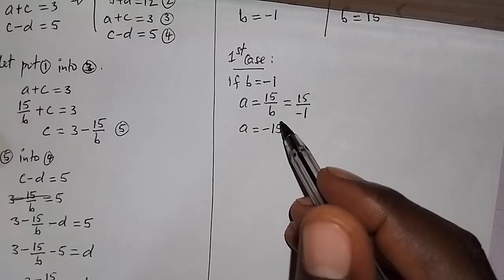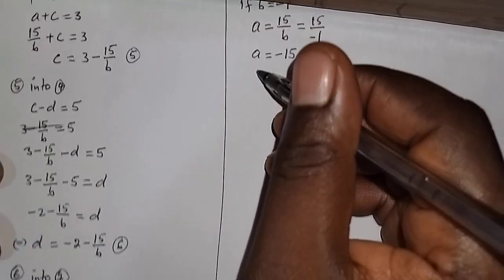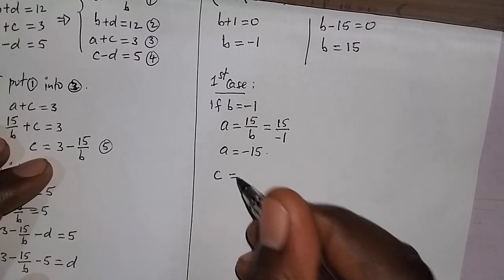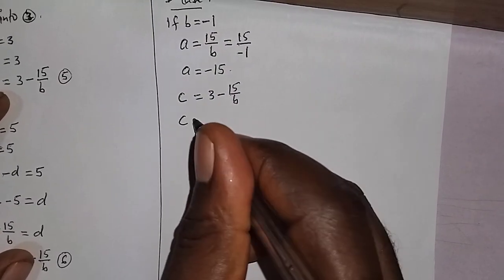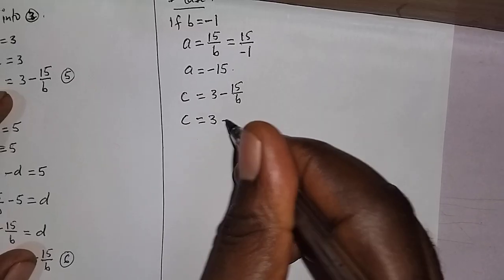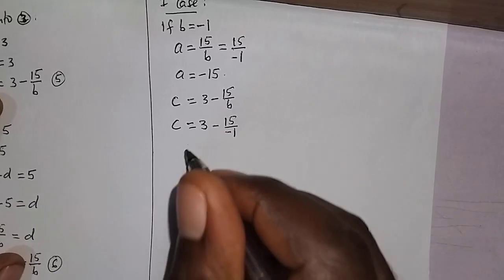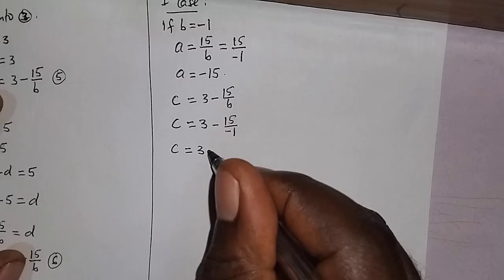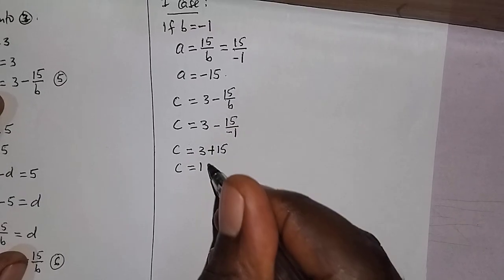And then C is equal to 3 minus 15 over B. So C is 3 minus 15 over minus 1. C is equal to 3 plus 15. C is equal to 18.